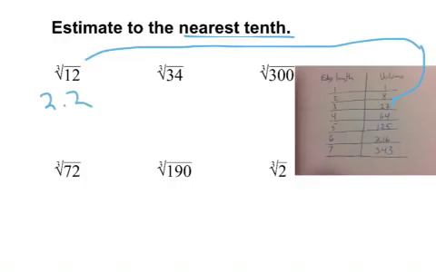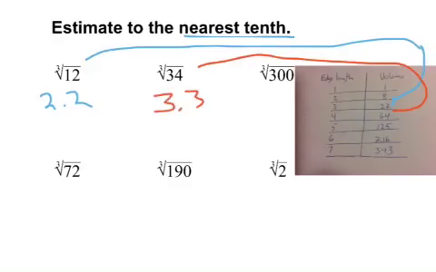Take a look at the cube root of 34. That falls between 27 and 64, and I would say that 34 is closer to 27 than it is to 64, so I would estimate something like 3.3. If you had 3.4, you could argue for that as well, as long as you're within that ballpark. Here we have the cube root of 300.